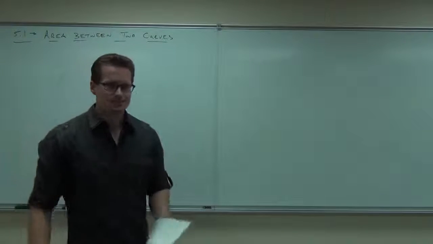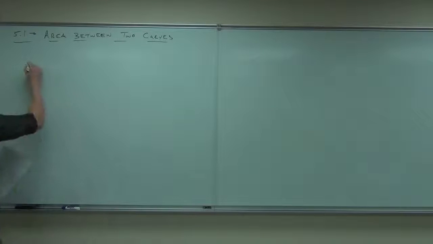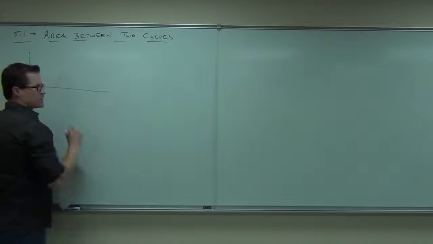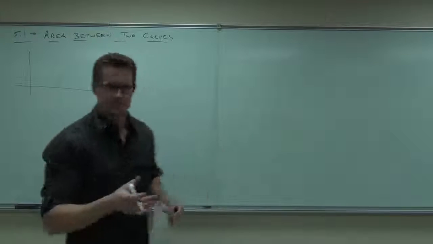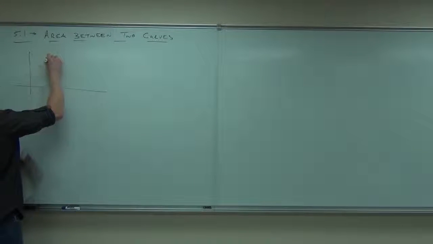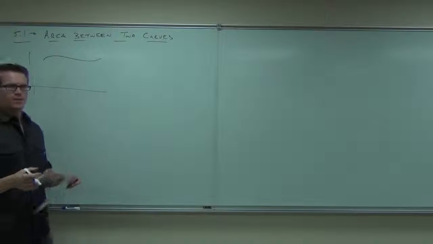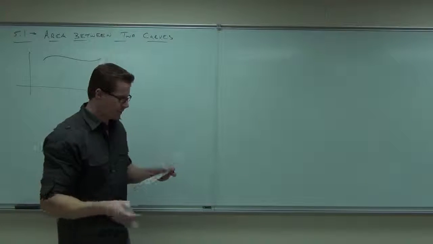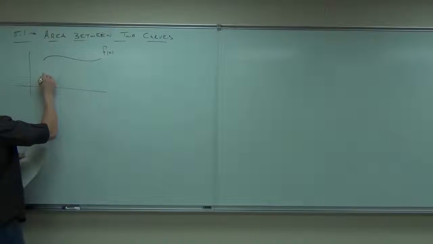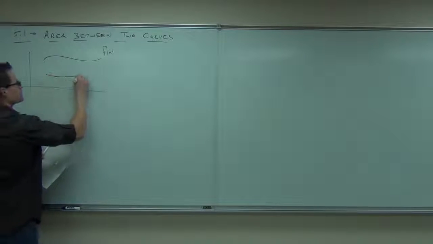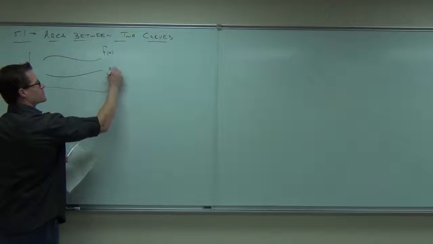Here's the idea. Let's say that for some given interval, you have one function that's above another function. So here's our typical, what I always like to draw for my f of x. And here's some other function g of x.